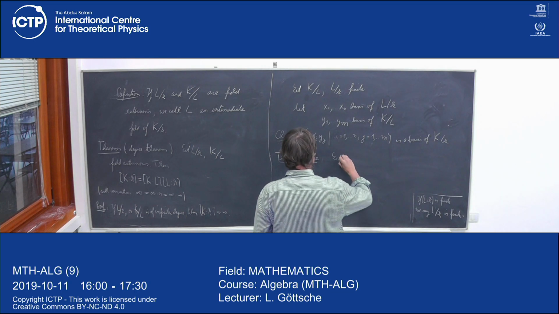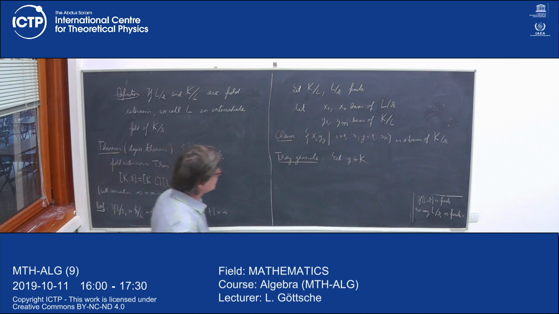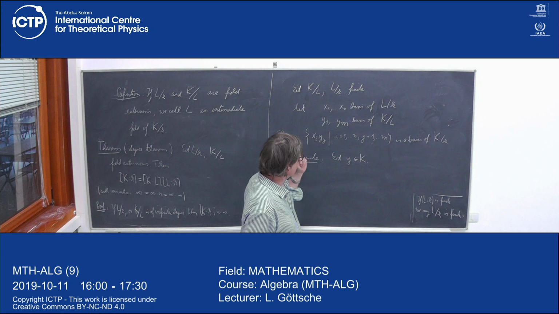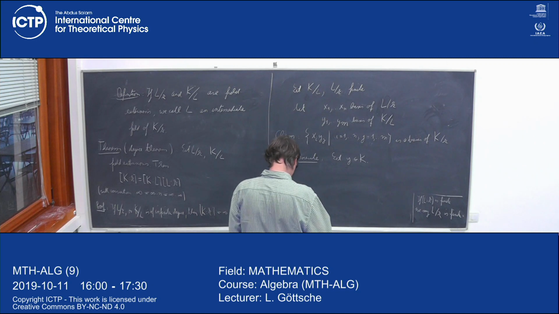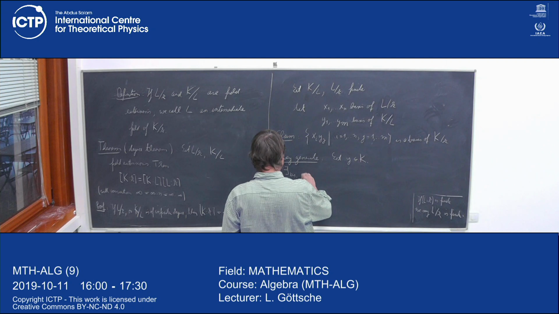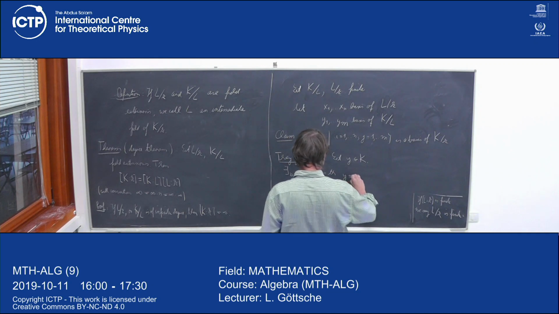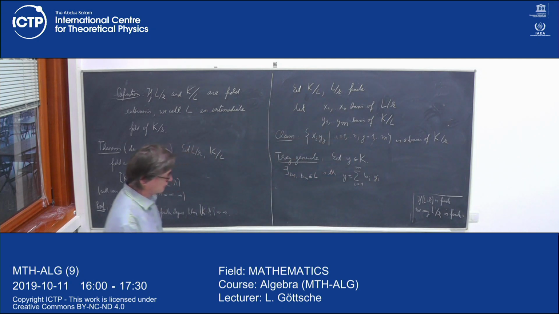So let's take any element y in K. Now we know that the yj form a basis of K over L, therefore we can write this y as a linear combination of these yj's with coefficients in L. So then there exist b1 to bm in L, such that y is equal to the sum j equals 1 to m of bj yj.